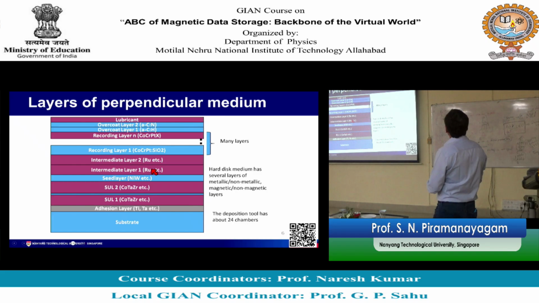This ruthenium layer has a hexagonal structure. So, you have to make the C axis of ruthenium grow in this way, then you can grow cobalt on top.